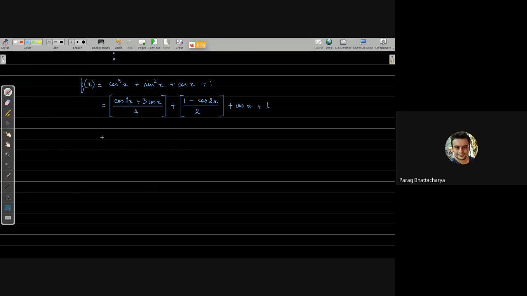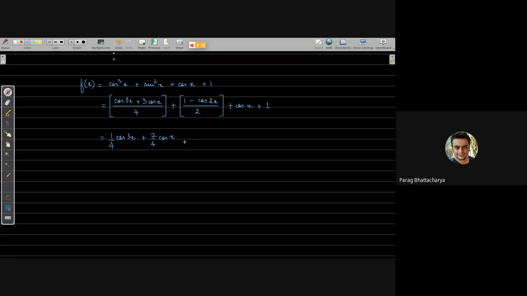So let's open up these brackets. We first have 1 by 4 cos 3x. Then we have 3 by 4 cos x plus cos x, that is going to give us 7 by 4 cos of x.